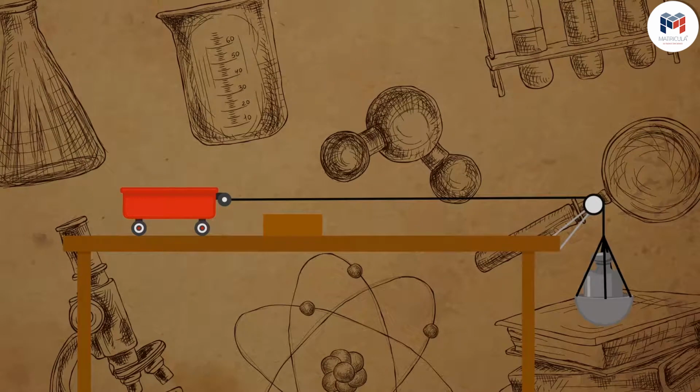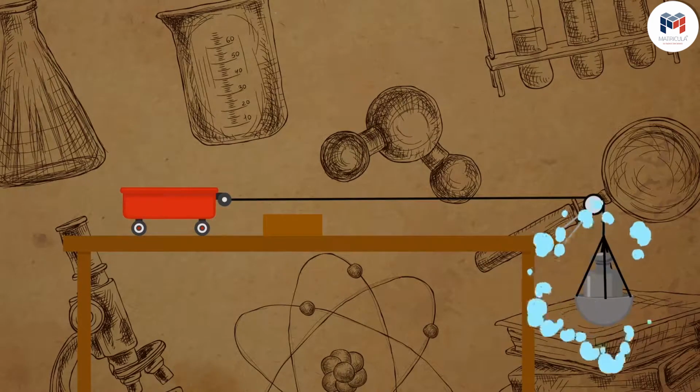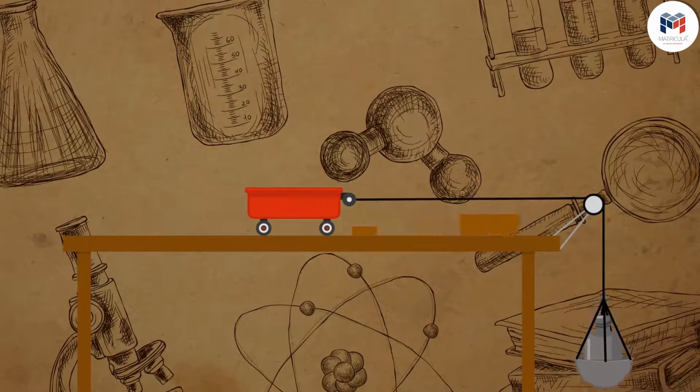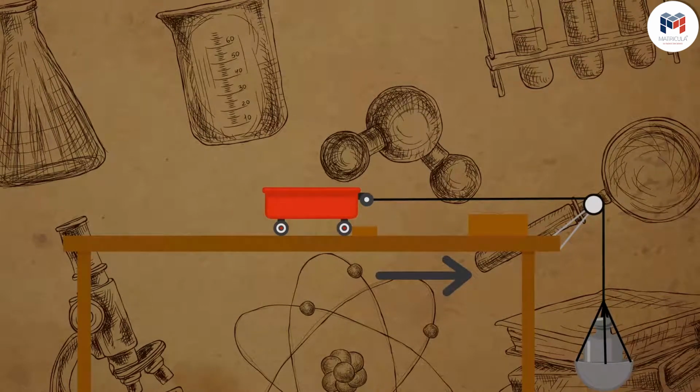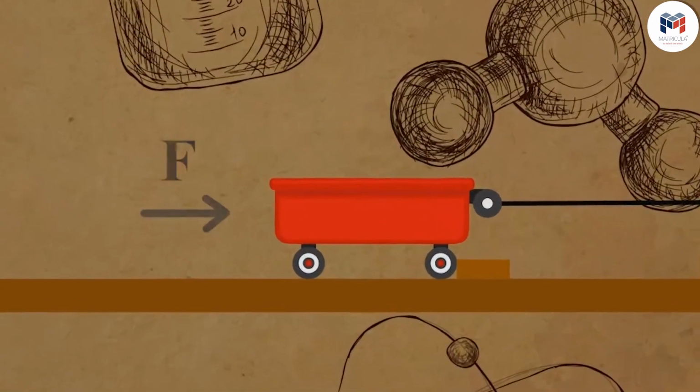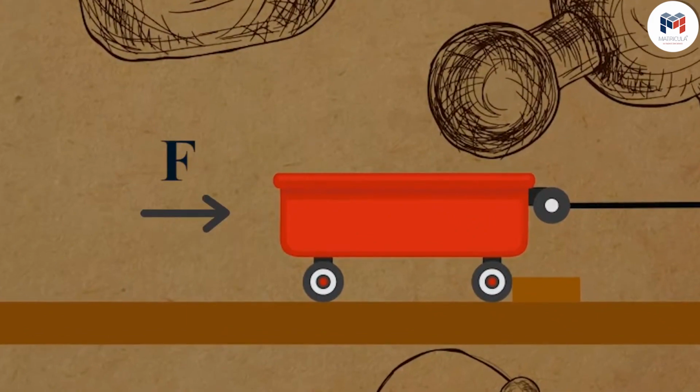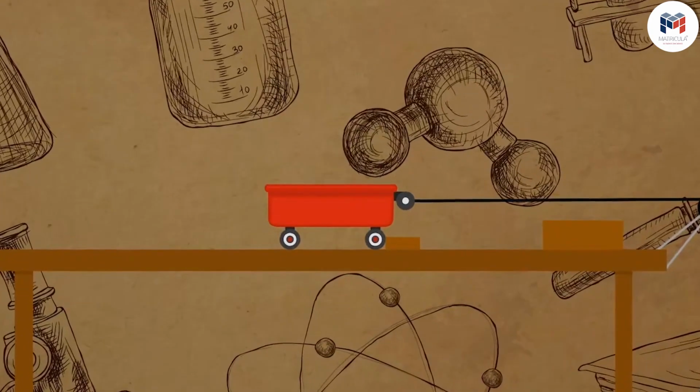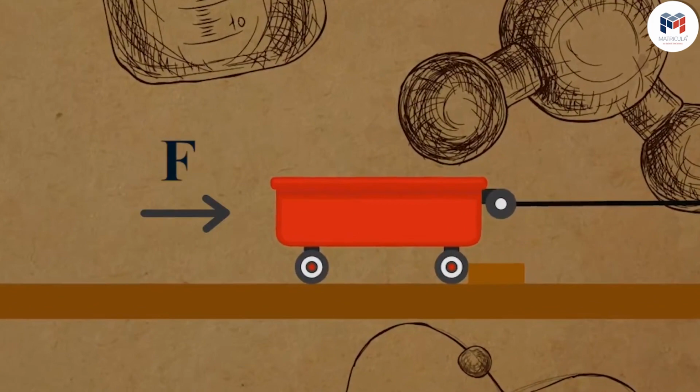Now repeat this experiment by increasing the mass on the pan. You will notice that with the increase in mass on the pan, the displacement of the block increases. It shows the increase in work done by the trolley. Trolley does work and so it possesses energy.